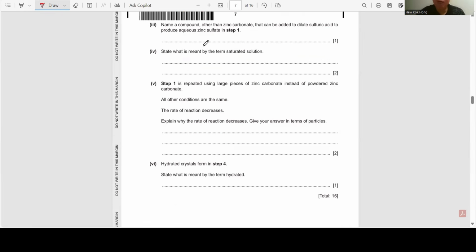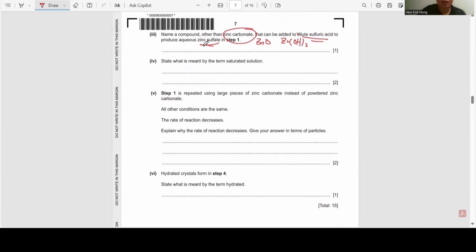3. Name a compound other than zinc carbonate that can be added to dilute sulfuric acid to produce zinc sulfate. So we know other than zinc carbonate, it can also use base, which is zinc oxide or zinc hydroxide. So we just name here zinc oxide. Part 4. State what is meant by the term saturated solution.